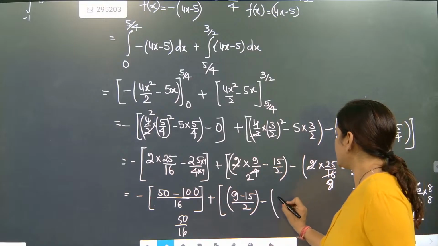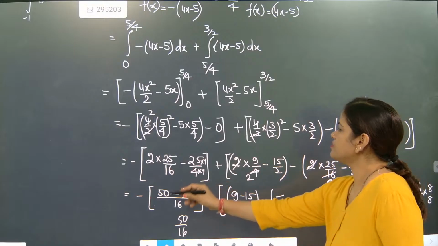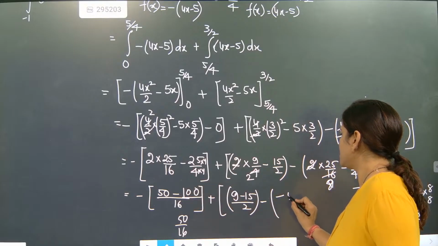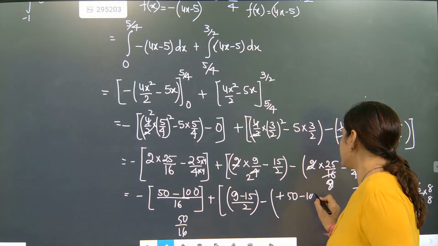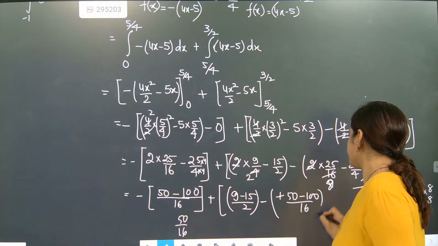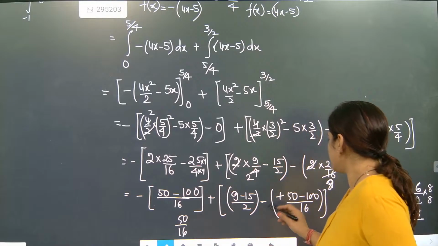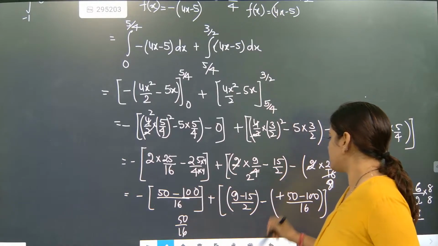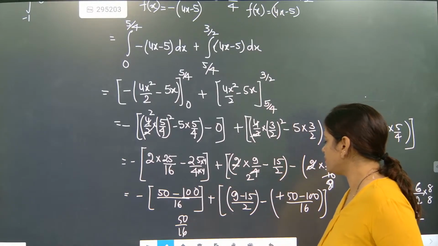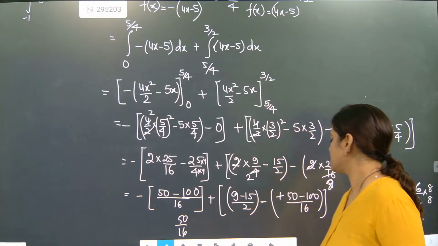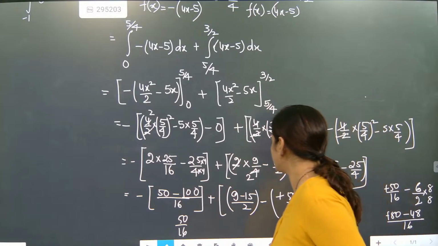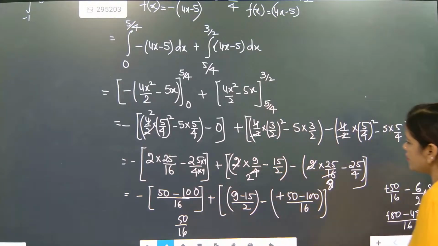This is coming as again minus because this part is going to repeat here. Minus plus 50 minus 100 by 60. Okay, so this part will come 50 by 60 and then here check this one out. 9 minus 15 will come. 5 by 2 will come here.